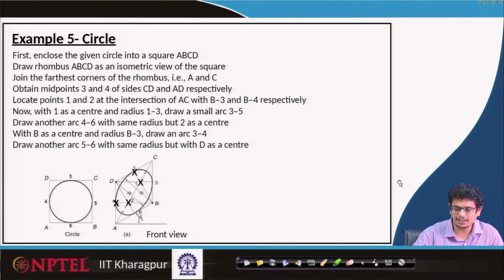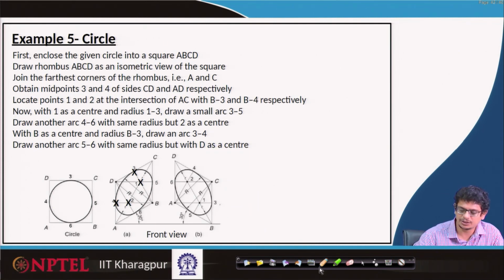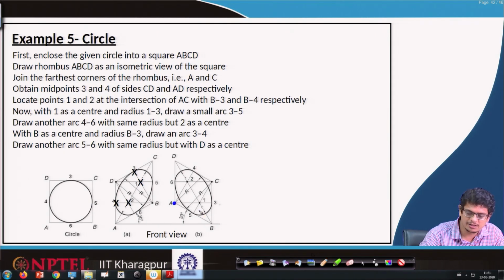So, let us look at that solution. Construct AB, CD, transfer these data points 3, 4 and 5, 6, locate centers 2 and 1, use radius, join them as circles through arcs.